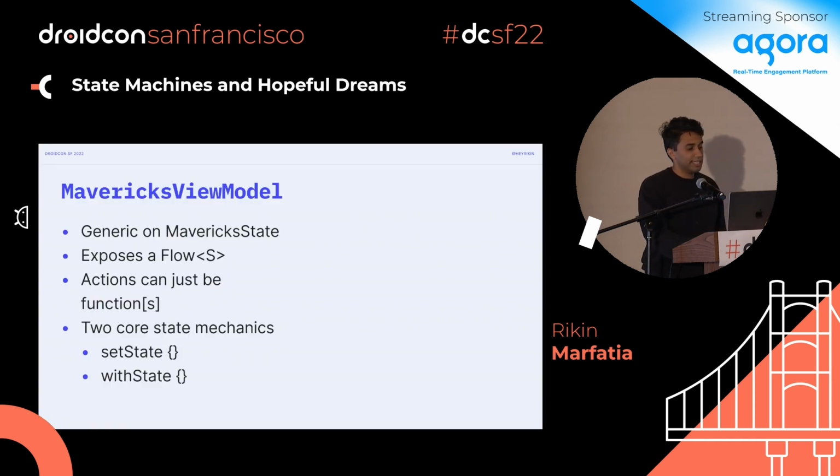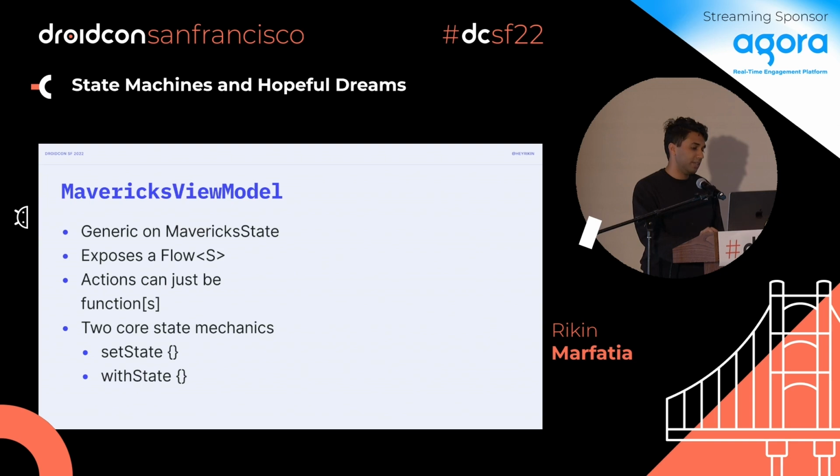So the other component that you will use is a Mavericks view model. This is really the main thing that you'll need to be concerned with. It's generic on the Mavericks state class that you use, and it just exposes a flow, I think a shared flow, of that state. And then in order to put actions into the system, you can have a single function that takes the action type that I defined, or it can just be top level functions on your view model that represent your actions.